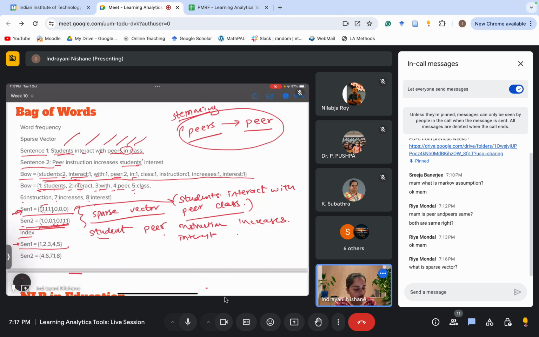So these two together, this is the word frequency, and this is the sequence in which we can arrange these words to get a meaningful sentence. Together they are considered a sparse vector. They help in sparsing the information, or interpreting the information and reproducing it by a computer. So word frequency together with this indexing is important to reproduce this structure.